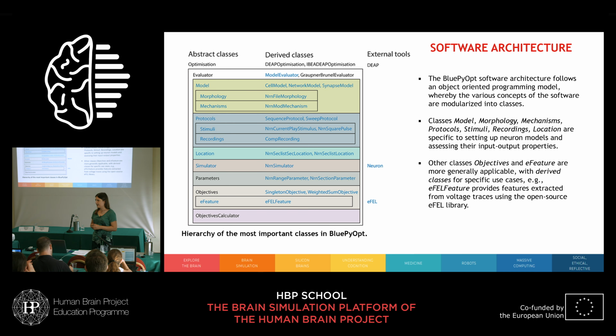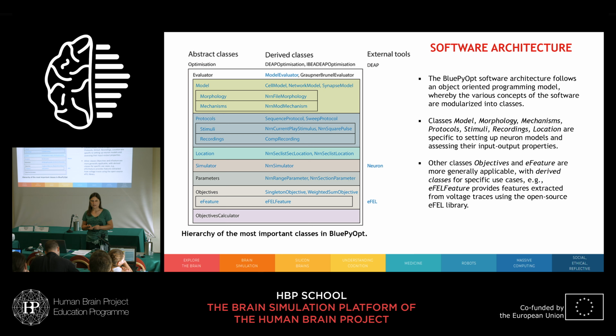As for the software architecture, BluePyOpt follows an object-oriented programming model, so the various concepts of the software are modularized into classes. There are some classes like model, morphology, mechanisms, protocols, stimuli, recordings, and location that are specific to setting up neuron models and assessing their input-output properties.